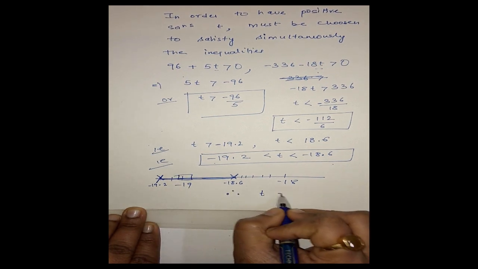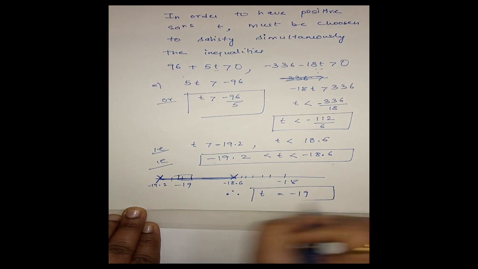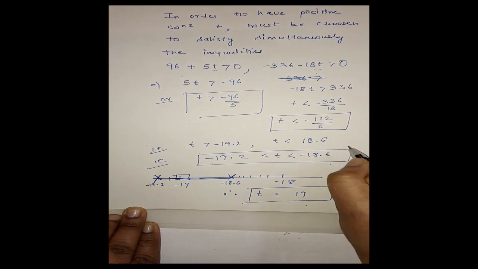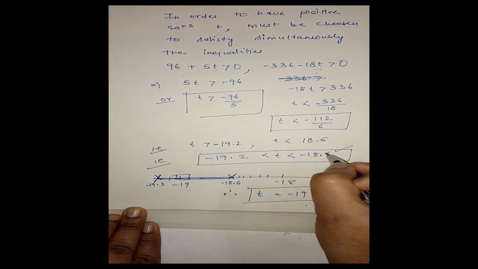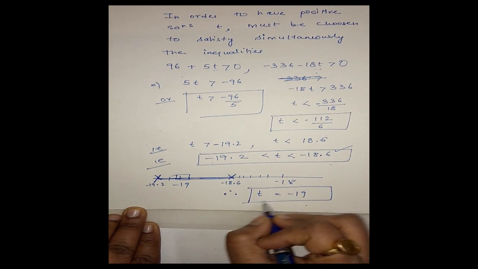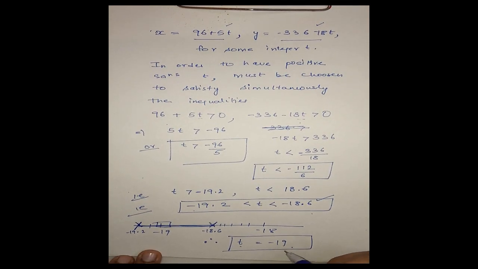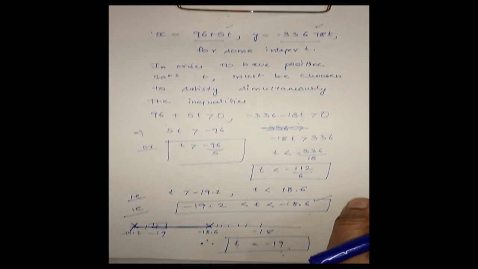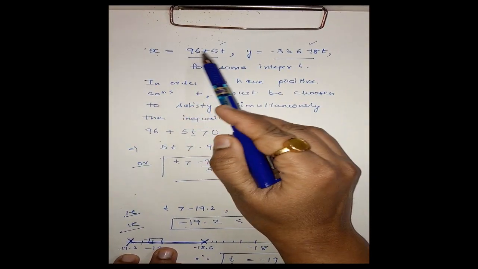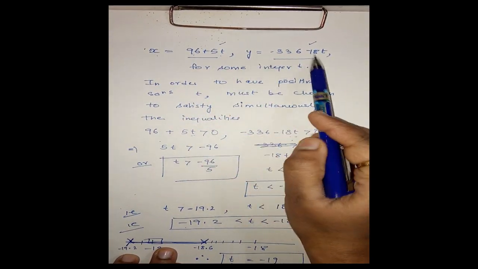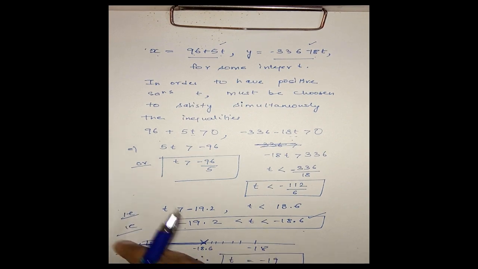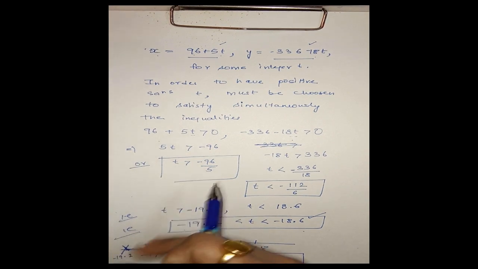Therefore, t is equal to minus 19. If I take t to be minus 19, then the inequality will be satisfied with the condition that t is an integer also. Now I will substitute this value of t in the equations x is equal to 96 plus 5t and y is equal to minus 336 minus 18t. Then only we have a positive integer solution.